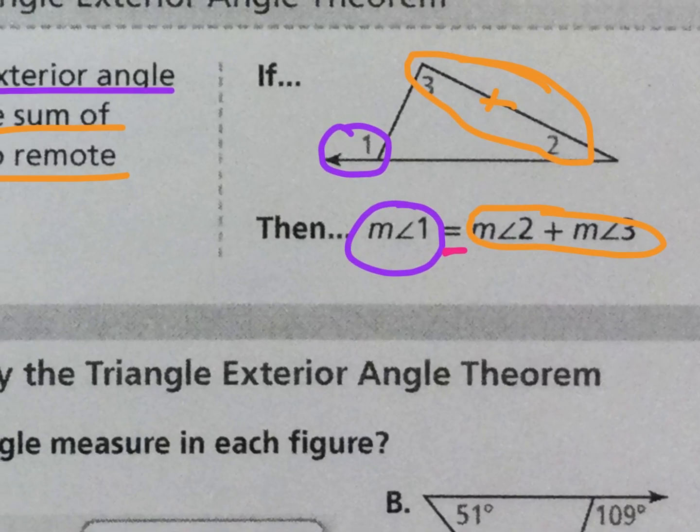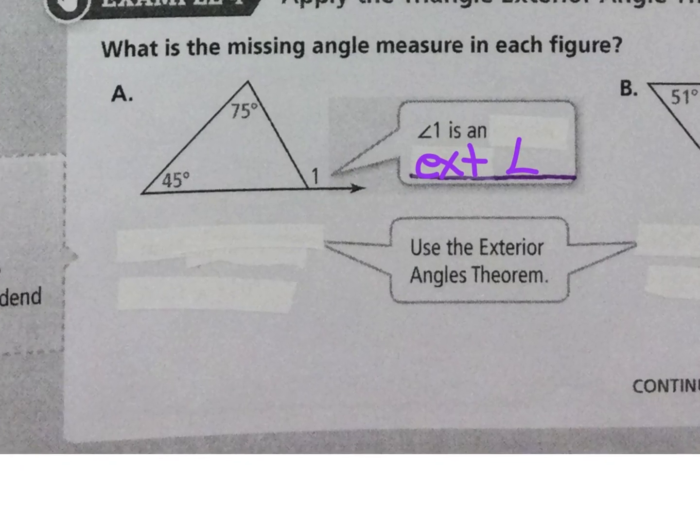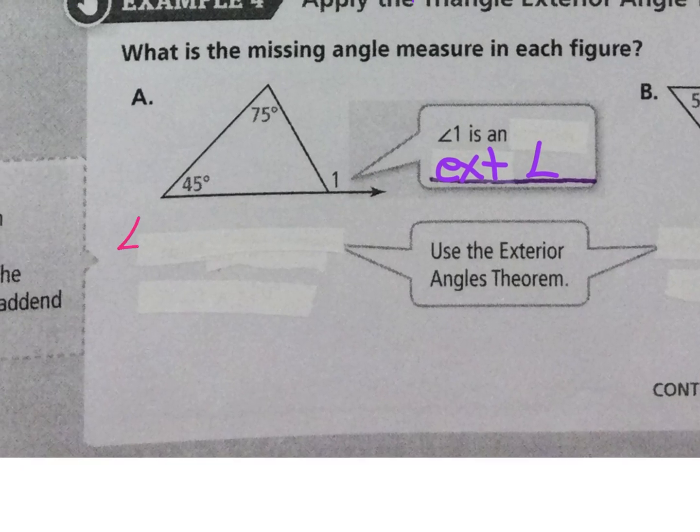And remote just means that it is not this one. It's not the one adjacent to it or next to it. Okay? So angle 1 equals 45 plus 75. So what is that? 120 degrees.